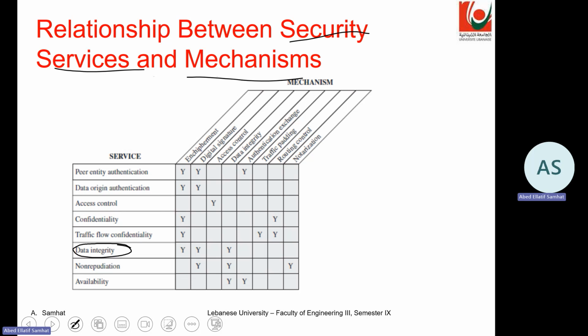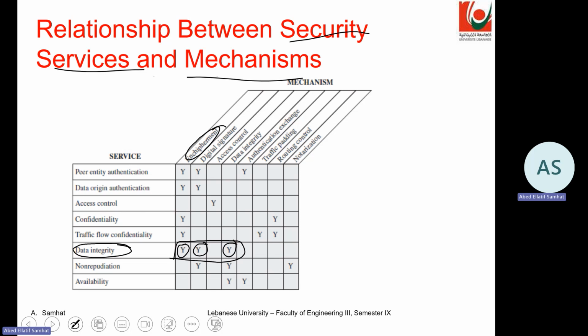For a service of data integrity, it's possible to have mechanisms like encryption, digital signature, and also authentication exchange. So here you can have different mechanisms in order to be sure that you achieve this service of data integrity.